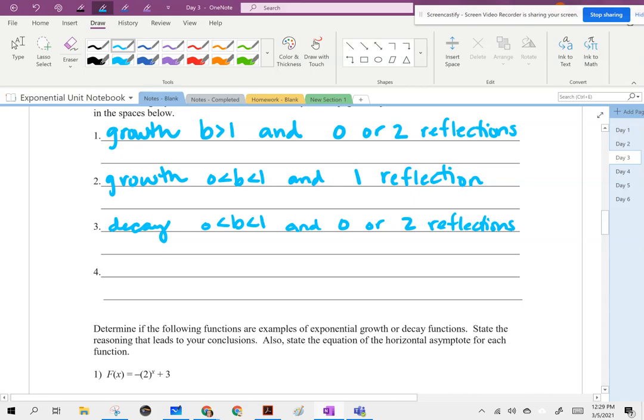The only time decay is going to change is when we have 1 reflection. So b will be greater than 1 and there's 1 reflection. And we'll talk about what properties of exponents make that happen.